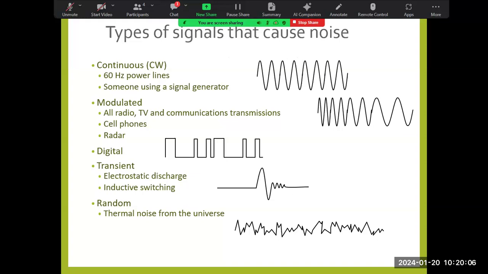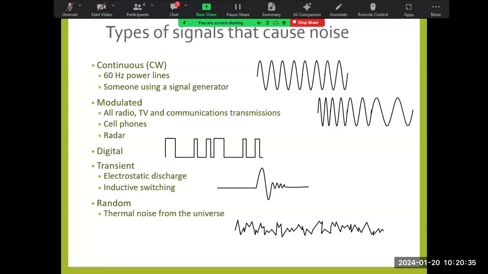What kind of signals do we have that cause problems? Power lines. Someone using a signal generator. Radio, TV, communications, cell phones, radars, digital. Did you know that you not only have the digital signal, but you have the envelope signal?